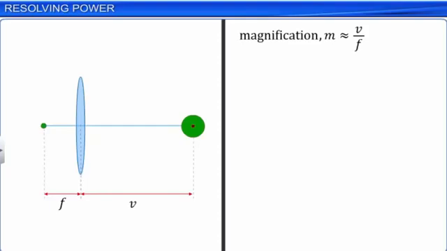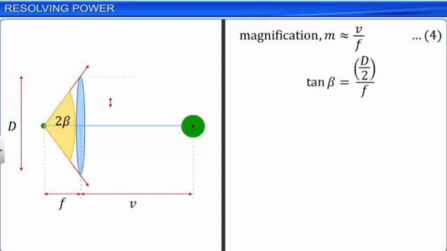Let this be equation 4. If d is the diameter of the objective lens, and 2 beta is the angle subtended by the objective lens at the focus of the microscope, then, from the figure, tan beta is approximately equal to d by 2f. Therefore, d by f is approximately equal to 2 tan beta. Let this be equation 5.